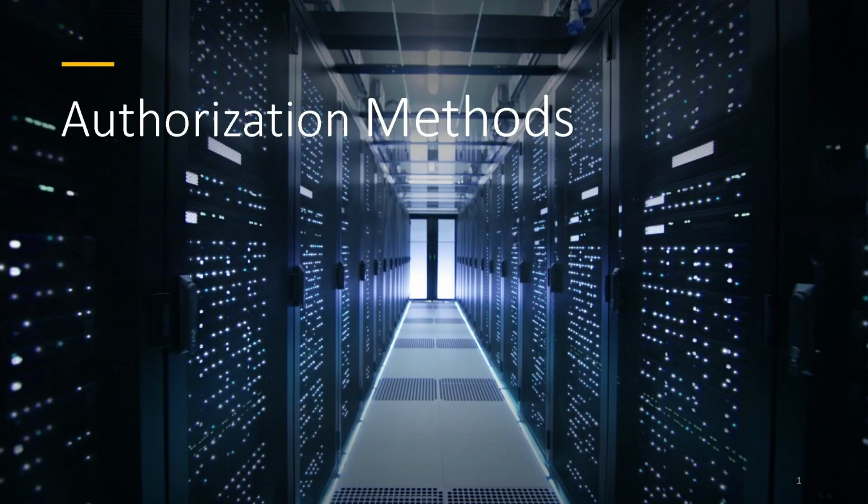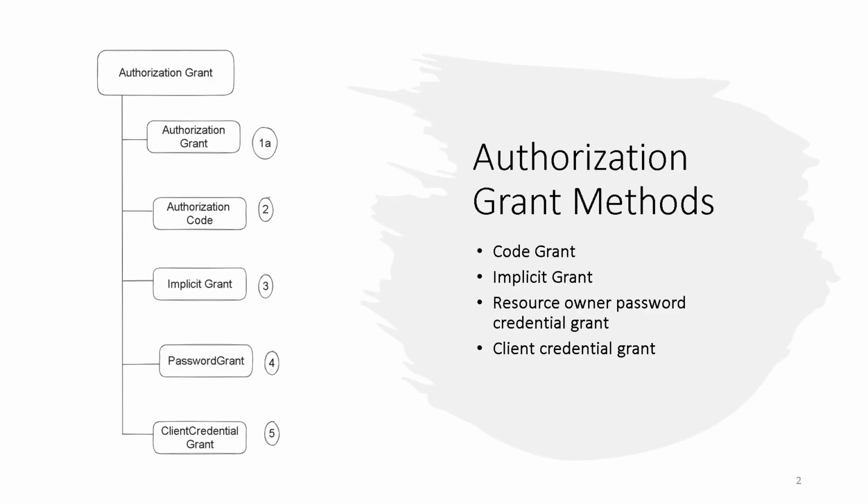In this lecture, we will discuss the authorization methods for OAuth. There are different methods for granting third-party resources access to users' own resources. One of those methods is authorization code, in which the user authorizes the client via browser, and the client gets a code and exchanges it for a token. That's one method.